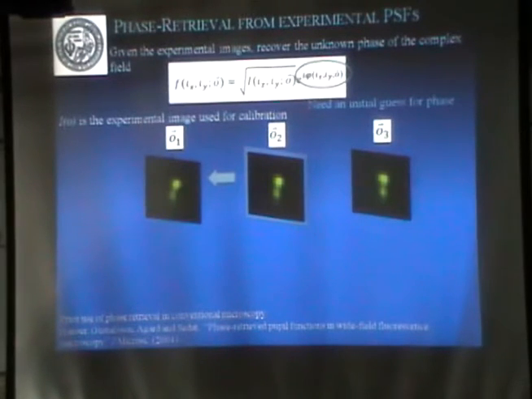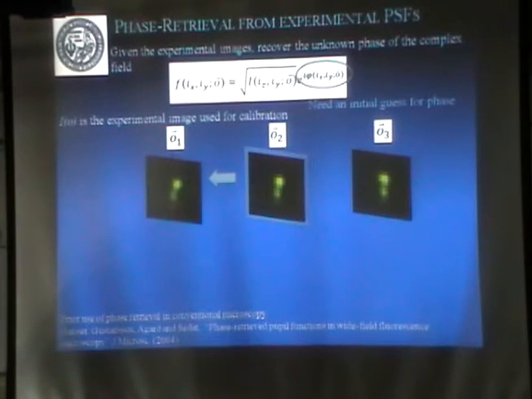The problem is that you don't have the phase, because the camera only measures the intensity. So you have the intensity in 3 planes, and you want to find the intensity in between. So you use this method called phase retrieval. Instead of having the amplitude and phase in one plane, you have the amplitude in 2 planes.